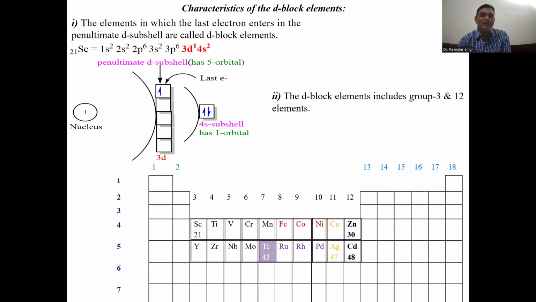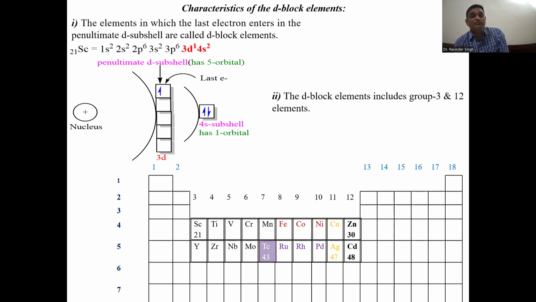All the others are natural elements here. Only that one is synthetic. There is a separate book on synthetic elements with a complete description of technetium. So yttrium, zirconium, niobium, molybdenum, technetium, ruthenium, rhodium, palladium, silver, and cadmium: these 10 elements belong to the next series of the d block.